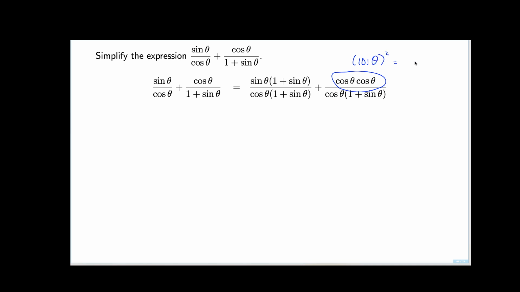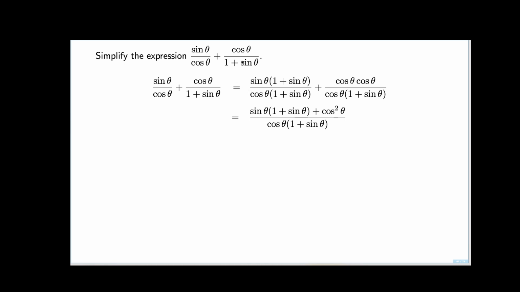And recall that our shorthand notation for that, cosine squared theta, is the same thing as cosine theta all squared. So when we multiply the cosine theta times cosine theta on the right, we're going to get cosine squared theta.